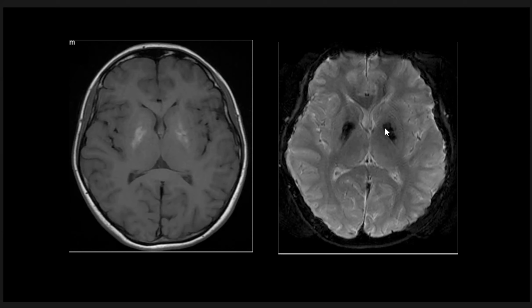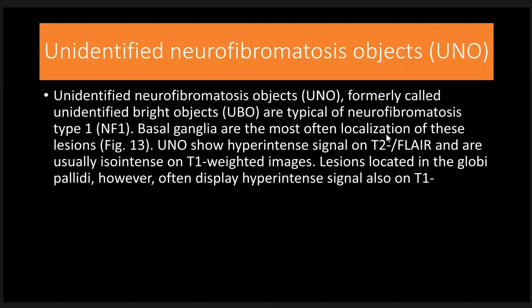Fahr's disease involves the globi pallidi. Unidentified bright objects in neurofibromatosis, previously called unidentified bright objects, are typical of neurofibromatosis type 1.